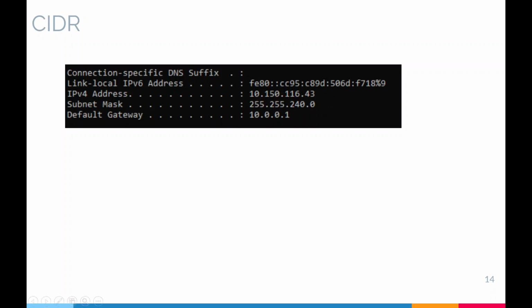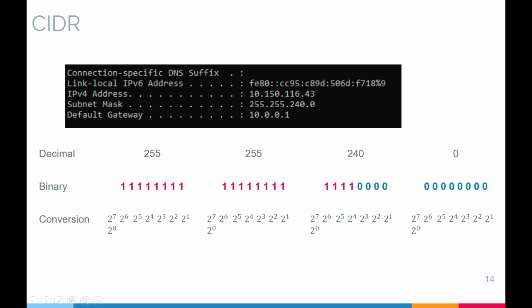Now let's try to figure out how we can determine the CIDR notation for this particular subnet mask. As a thumb rule, what you can do is just take this subnet mask and convert it into binaries. So here is the conversion of the subnet mask. Now once you convert it into binary, just check on the octet where you see it's not 255, right?